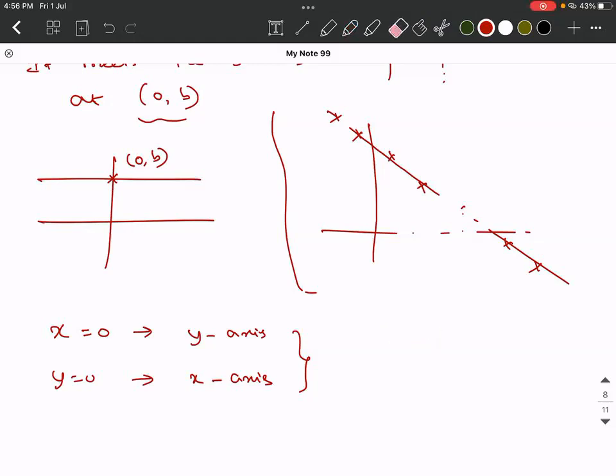So an additional point that I'm giving you, write this: x is equal to 0 represents the y-axis and y is equal to 0 represents the x-axis. Make a note of it. Wrote it?